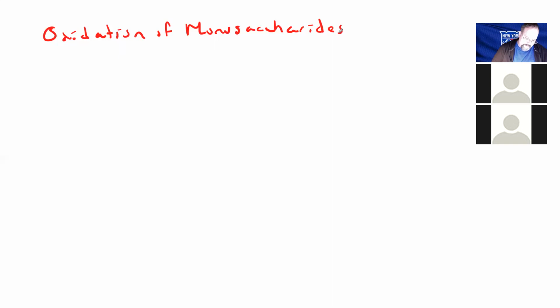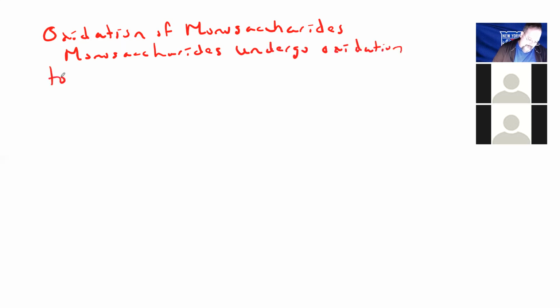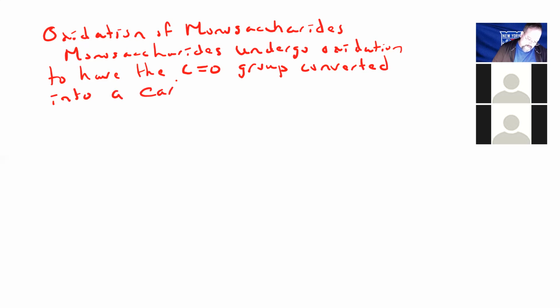It turns out that monosaccharides, and really all of them, undergo oxidation to have the C double bond O group converted into a carboxyl group.